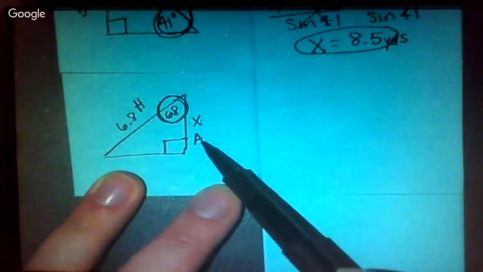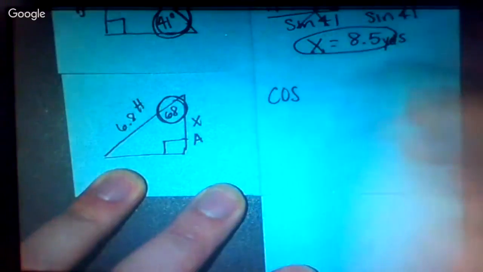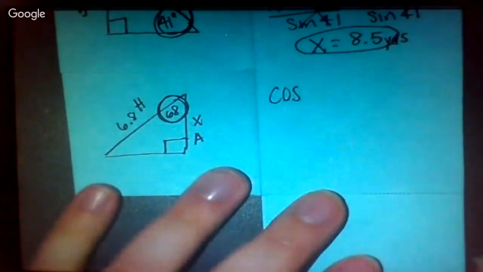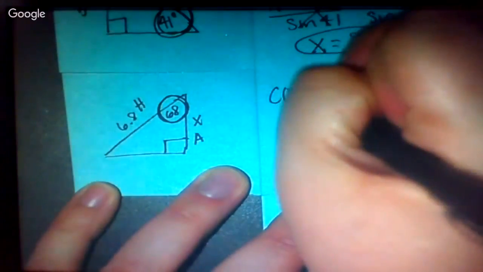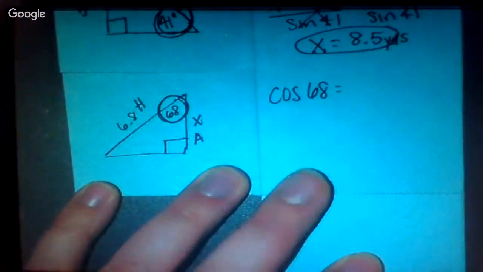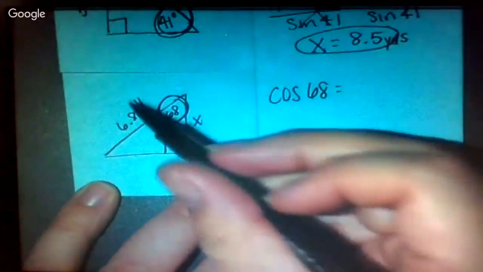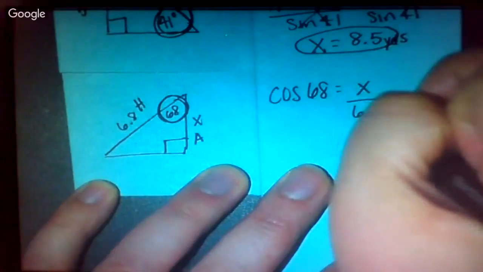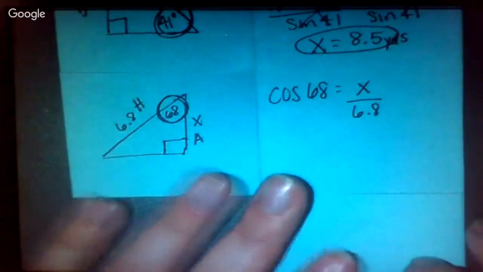Hypotenuse. So when you label your sides and you see A and H, that automatically tells you cosine. Again, it's the cosine of your angle, which we know is 68, equals A over H. So this time X goes in top, 6.8 goes in the bottom.